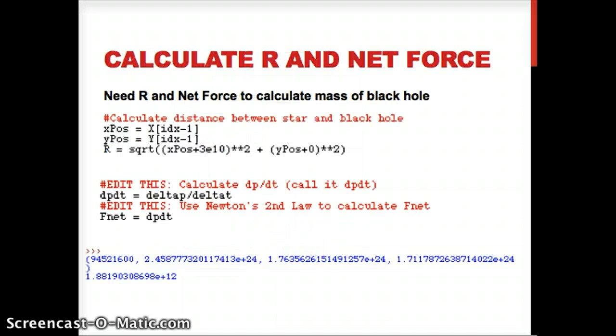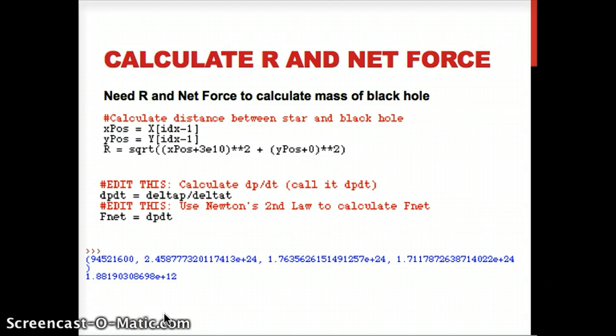The position of the black hole comes in handy whenever we try to calculate r, which is one of our variables that we need. r equals the square root of the x position plus 3 times 10 to the 10th, squared, plus the y position plus 0, squared. 0 because the initial condition of the black hole is 0 in the y coordinate.